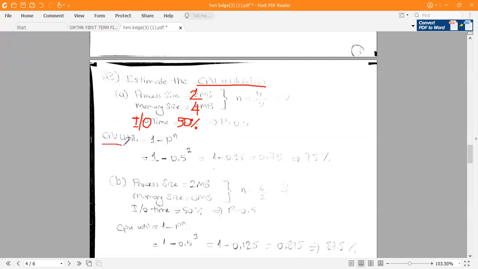CPU utilization can be calculated by using 1 minus P over N. When you say input output time, it is P, which if it is 50%, you have to say 0.5.